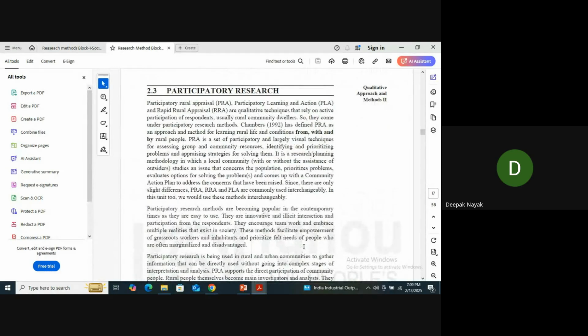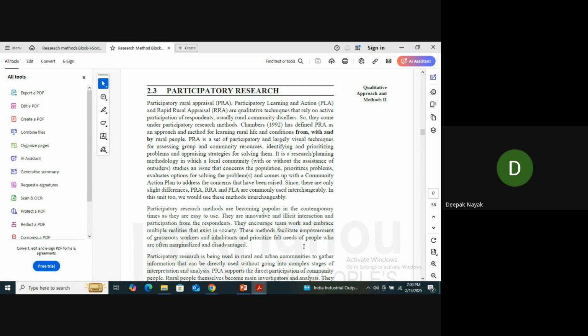The other type of qualitative research is participatory research. Participatory research is where people or communities completely participate in the process of research.